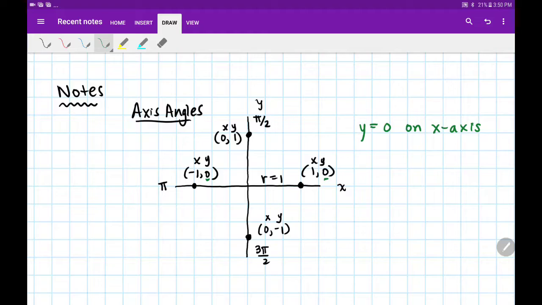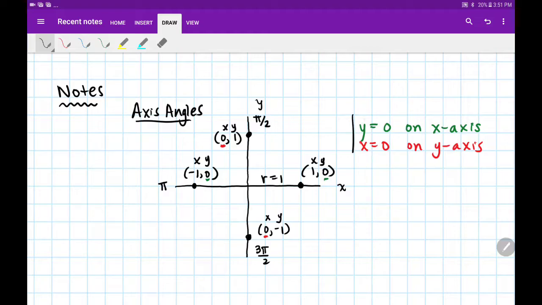And we can make another note too about x. X is equal to 0 at pi over 2 and 3 pi over 2, basically up and down, because only our y is changing. So x is equal to 0 always on the y-axis.